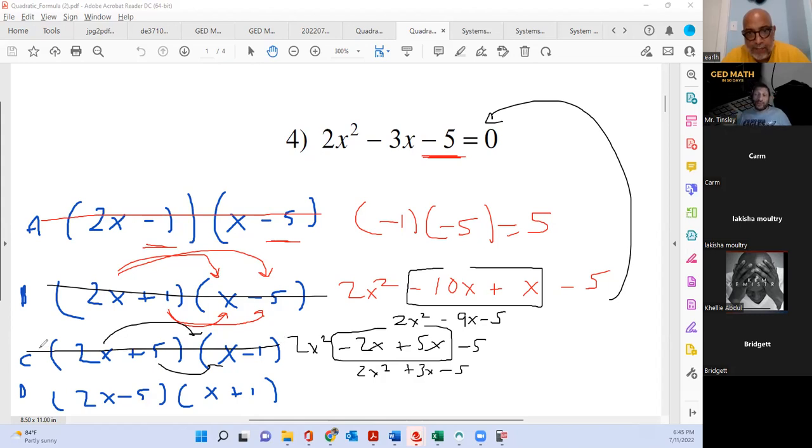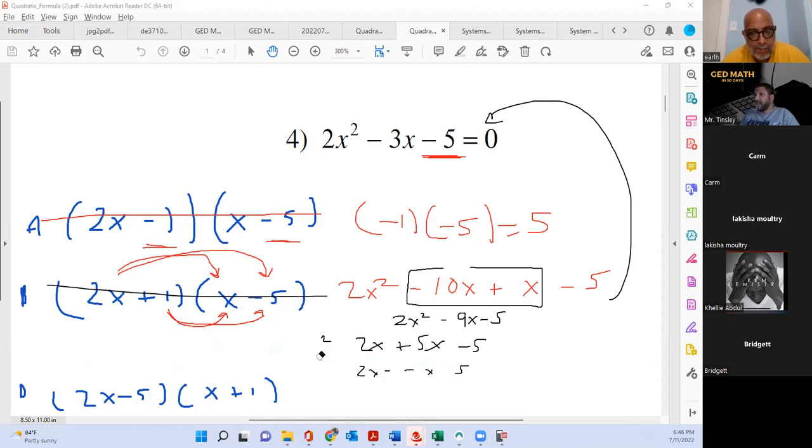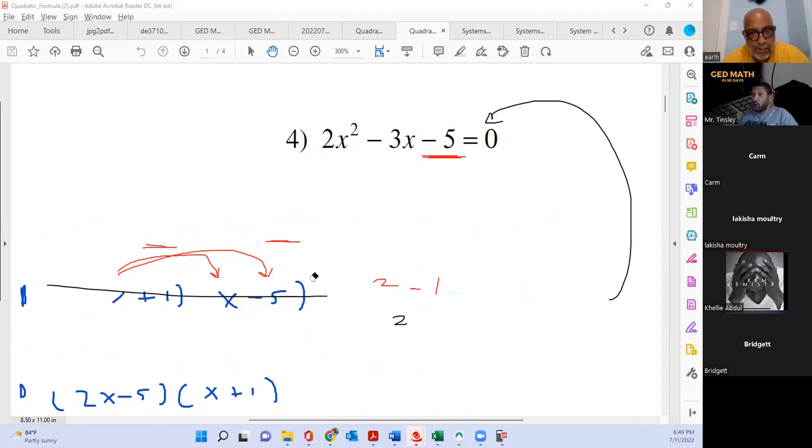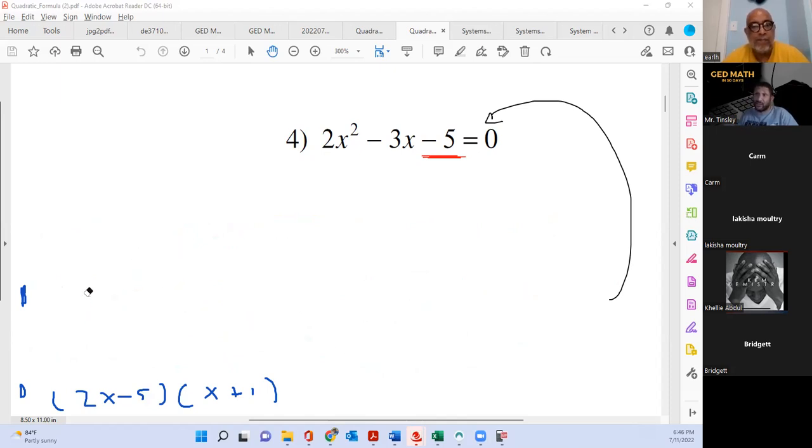Well, sir, we already know it's D because we already eliminated the first three. I purposely made D the last one, but let's check it. Let me erase everything else and let's check it. This is what I need you to be able to do. I'm going to show you how to solve this algebraically, and it would literally take you forever.